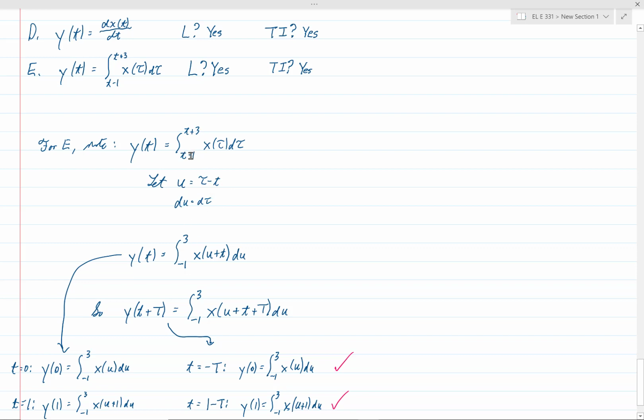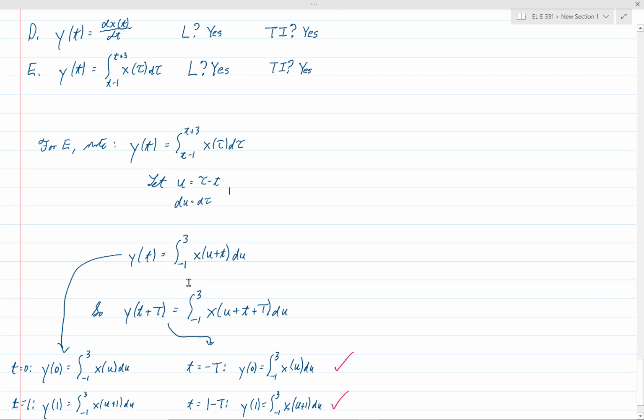Similarly, the lower limit, when tau is equal to t minus 1, u will be t minus 1 minus t, or just minus 1. So we now have the integral from minus 1 to 3, and what about this tau? If u is equal to tau minus t, then tau is equal to u plus t. So y of t can be written as the integral from minus 1 to 3 of x of u plus t du, and now we do have t explicitly in the argument of x.